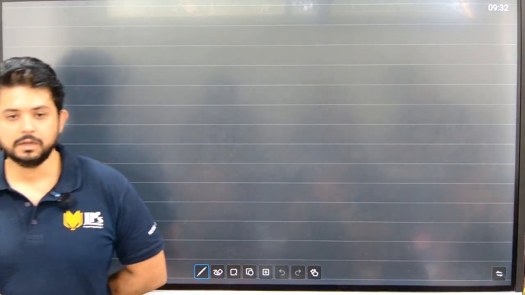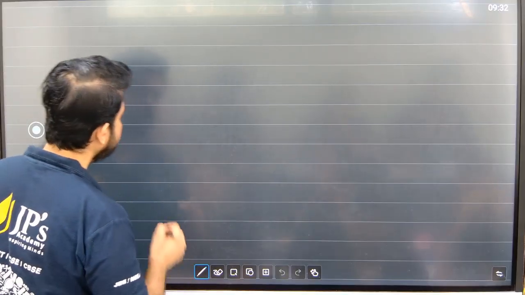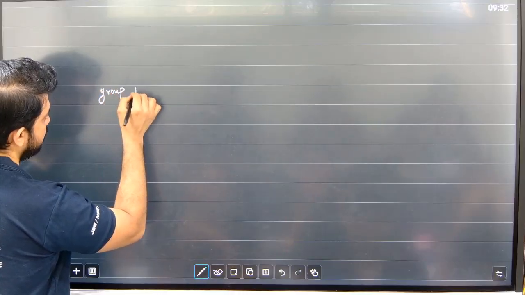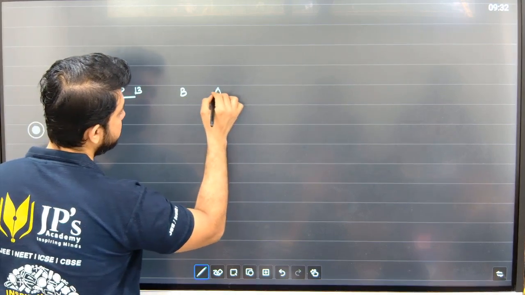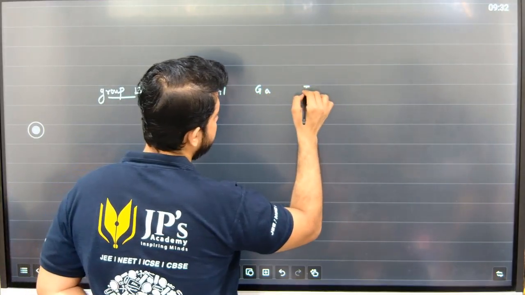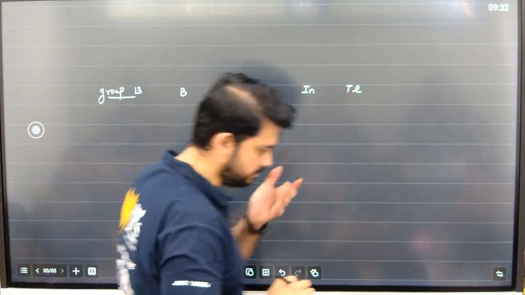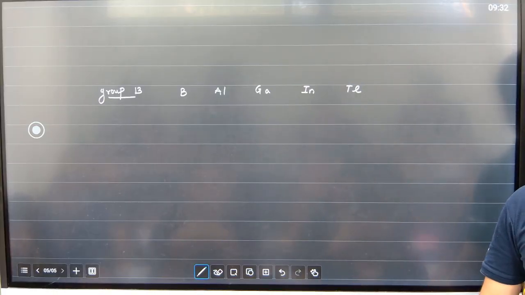Next. Now please give me the elements of group 13. Group 13 is boron, then aluminium, gallium, indium, and then thallium. तो इट्स अ ग्रुप, आई हैव रिटन इट इन अ पीरियड फॉर्मेट और एक दो ग्रुप लिखने हैं.